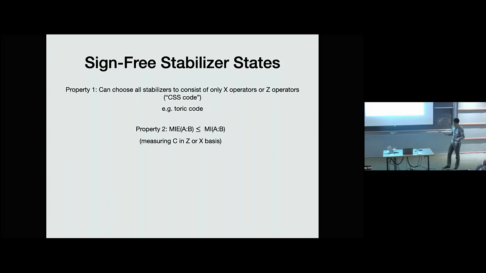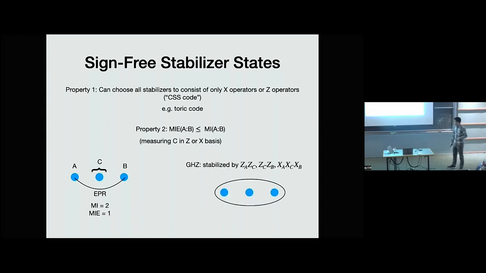So let's first get a little bit of intuition for this result from some toy examples, very trivial ones. Say I have 3 qubits, A, B, C, and A and B are in some Bell pair and C is decoupled. Okay. Then the mutual information between A and B is 2, and measuring C clearly does nothing to A and B, it's decoupled. So the induced entanglement is just the entanglement that was already there, which is 1 bit, right? A more non-trivial example is a GHZ state.